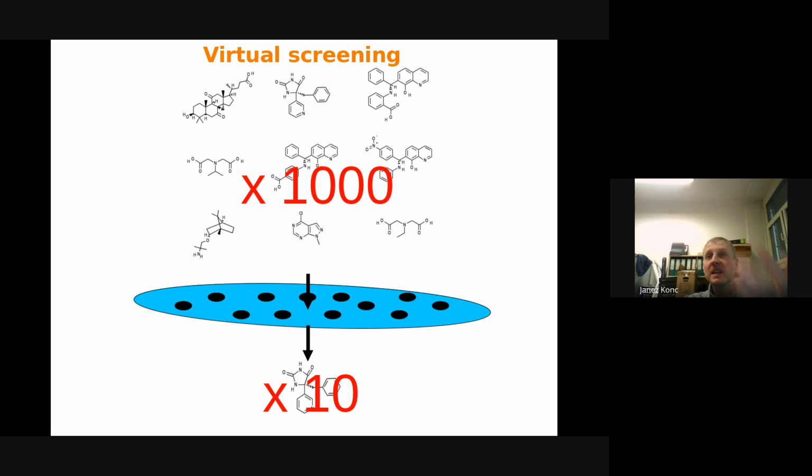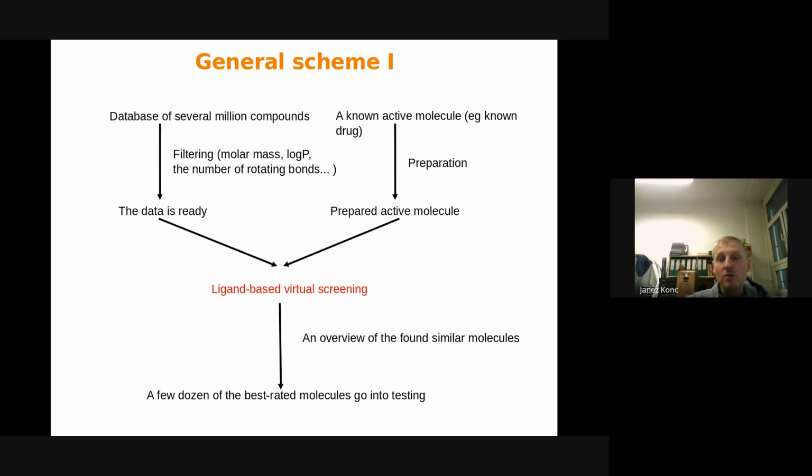So from thousands to millions of compounds, we reduce this to tens of compounds which can be tested quickly within a laboratory and give you useful predictions for possible drug candidates.